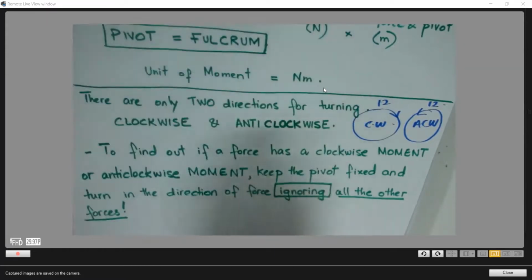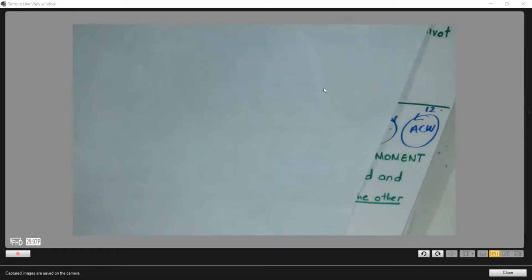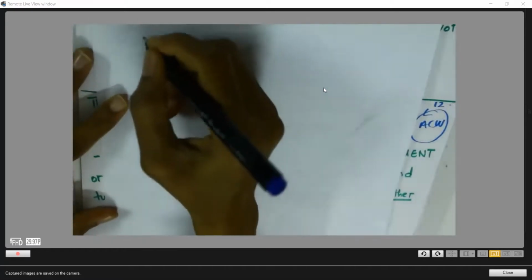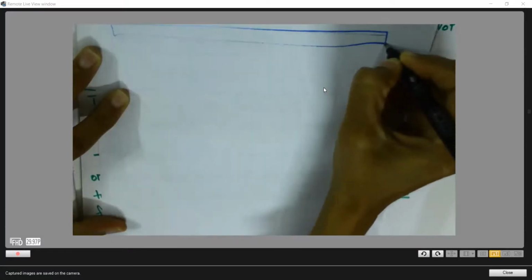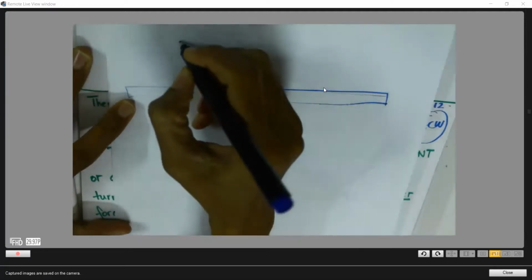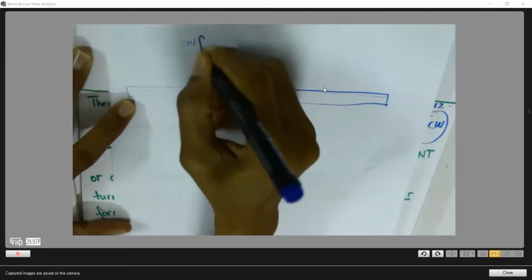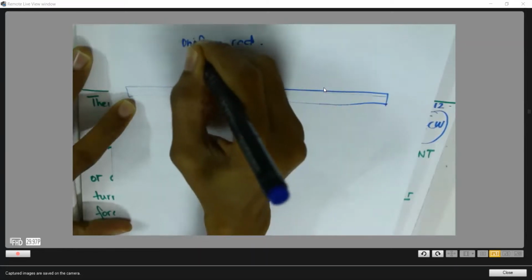Another way of tricking is that they will give you a lot of forces acting on the same beam in different directions. For example, this is a rod. Also, in questions, when they say uniform rod, understand that they say this on purpose. Uniform rod, what does it mean?